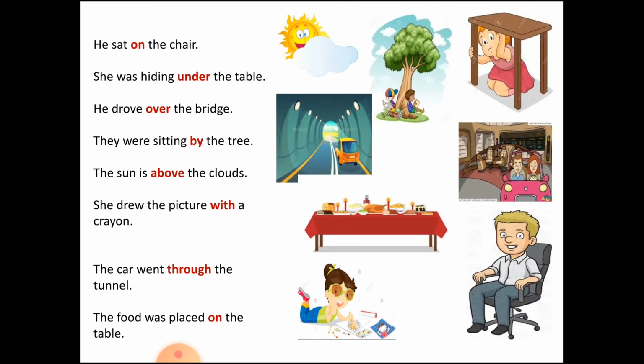Now, when we look at these sentences, the words in red color and bold are prepositions. So what do the prepositions do? They show the position, or they link the sentences in order to complete the sentence.